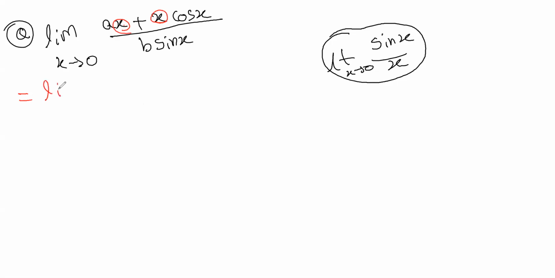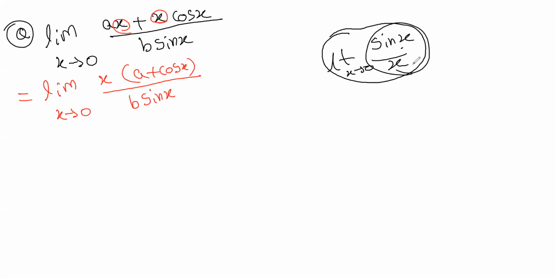So limit x tends to 0. If I take x common, what is left out? (a plus cos x) by b sin x, right? Now, to get sin x by x, I can reverse it by division, x by sin x.